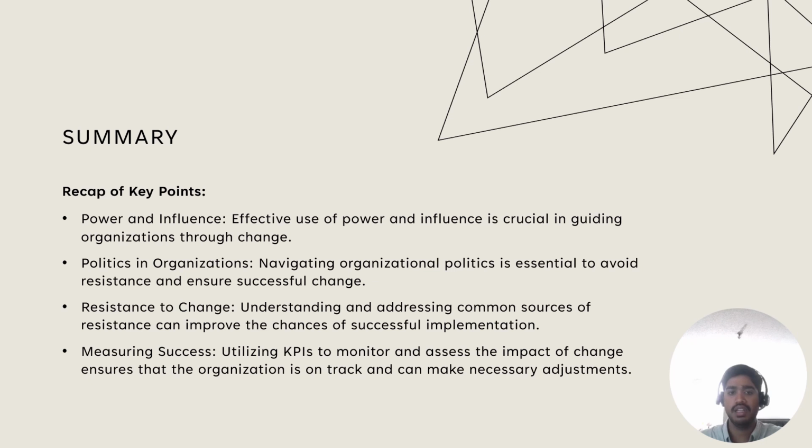For example, Kodak was resistant to change. Understanding and addressing common sources of resistance improves the chance of successful implementation. Measuring success is also key, using KPIs and other monitors to track organizational parameters and make necessary adjustments.